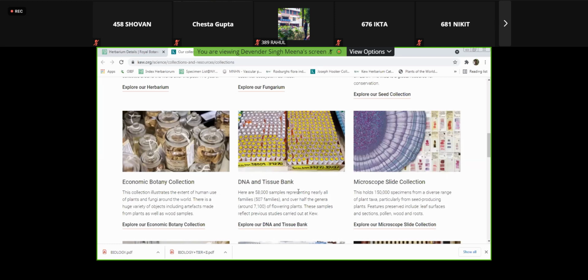In that case, if somebody wants any DNA sample from the herbarium, they can give you the DNA sample which they have extracted. They will amplify that region or that gene, and then they can share that gene or that sequence with you, right?